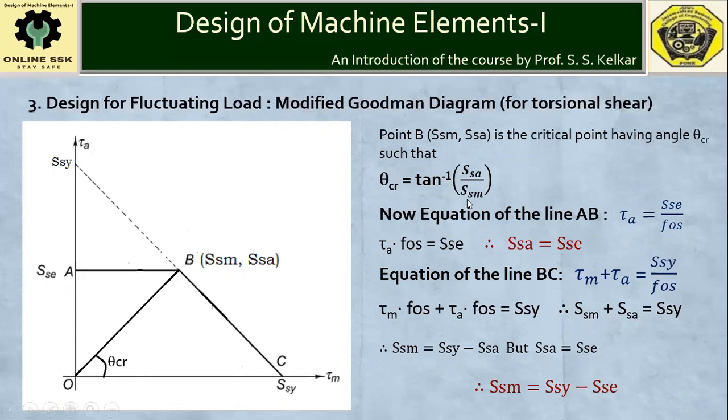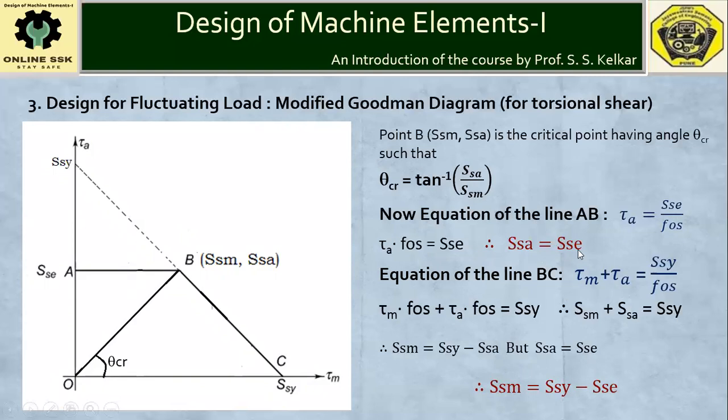Now, we are aware that at point B, SSA is equal to SSE. So, using that here, we can write SSM is equal to SSY minus SSA, but SSA is equal to SSE. Therefore, SSM is equal to SSY minus SSE. So the quantities SSA and SSM required while calculating theta critical can be calculated using these relations.